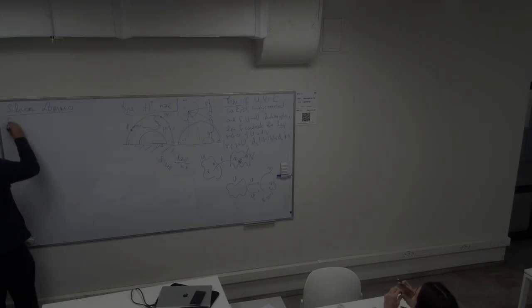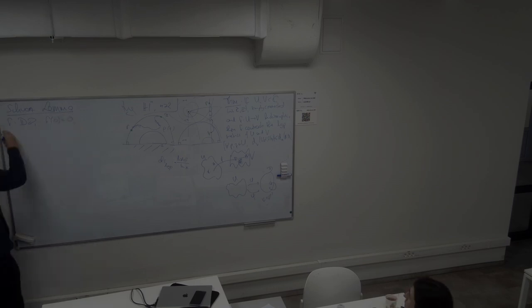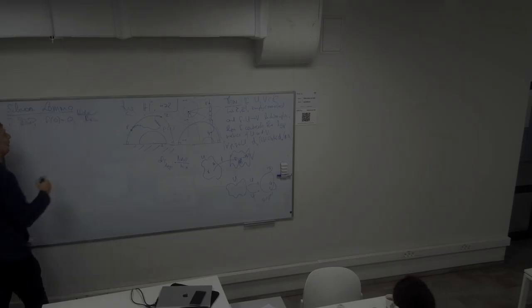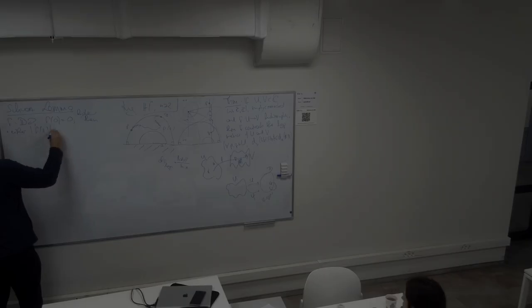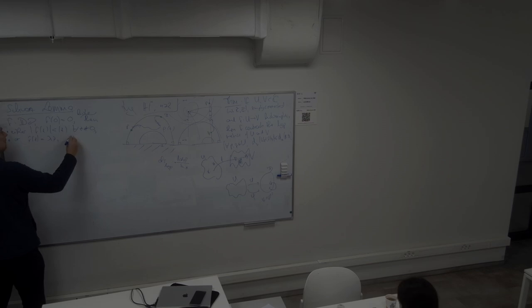Okay, so if F is a map from the disk to itself, holomorphic of course, every map should be holomorphic, then either the absolute value of F of Z is strictly less than the absolute value of Z for all Z which are different from the origin, or F of Z is a rotation.